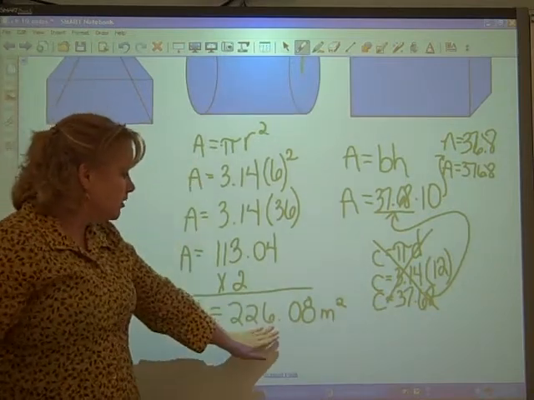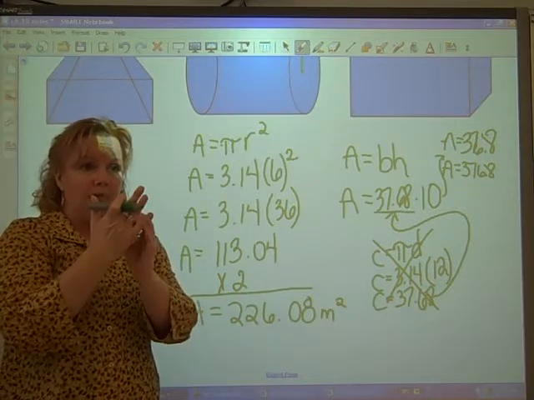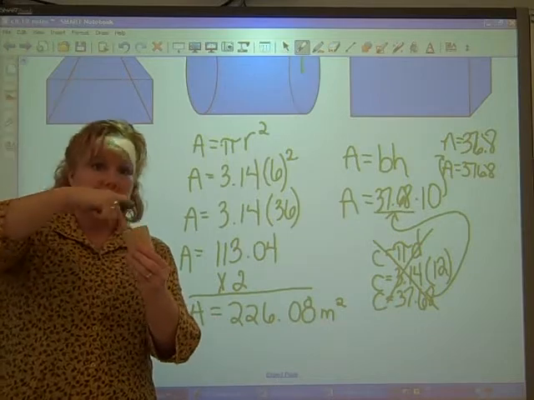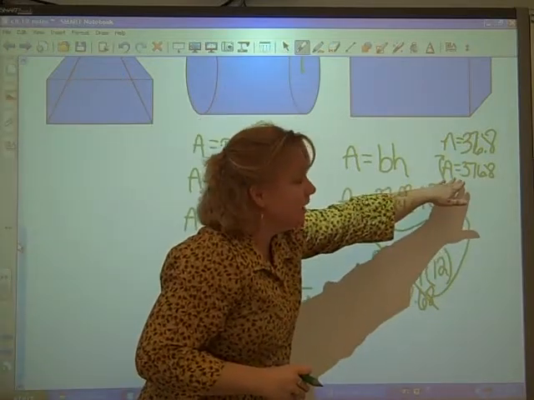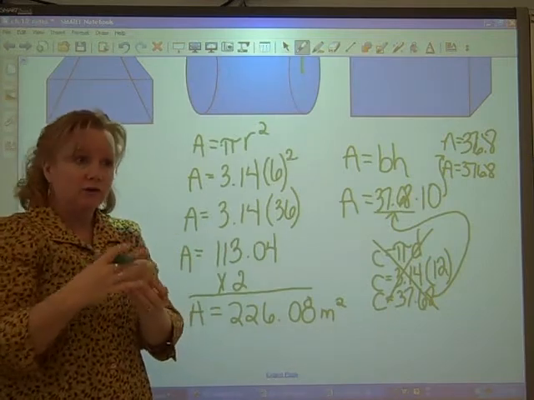Okay, so now remember, this is the area for my top and my bottom is right here. This is my rectangle. That's my area right here. If I add all of that together, wouldn't that be the whole surface area?